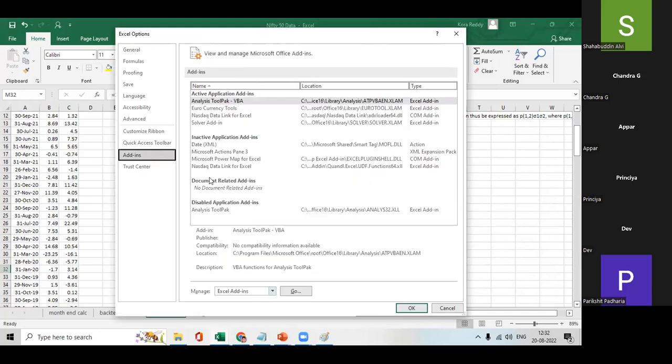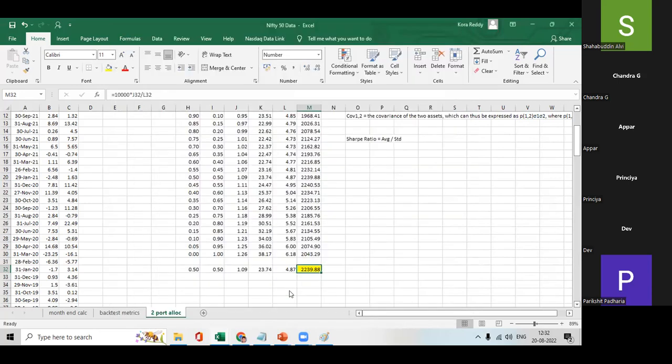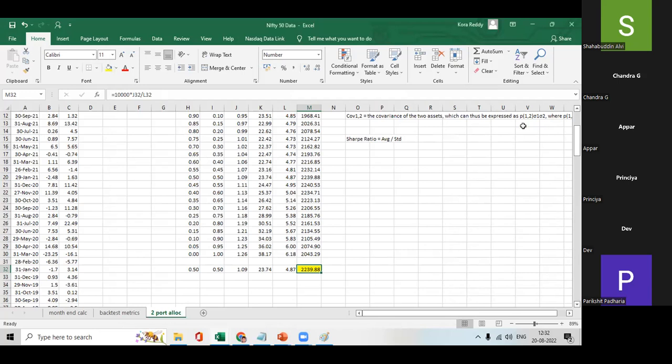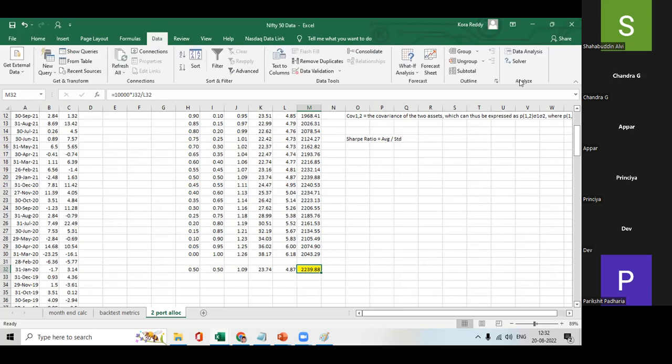Then Excel add-ins, go, Solver add-in, say okay. Once you do that, if you go to Data, you will get something called Solver.